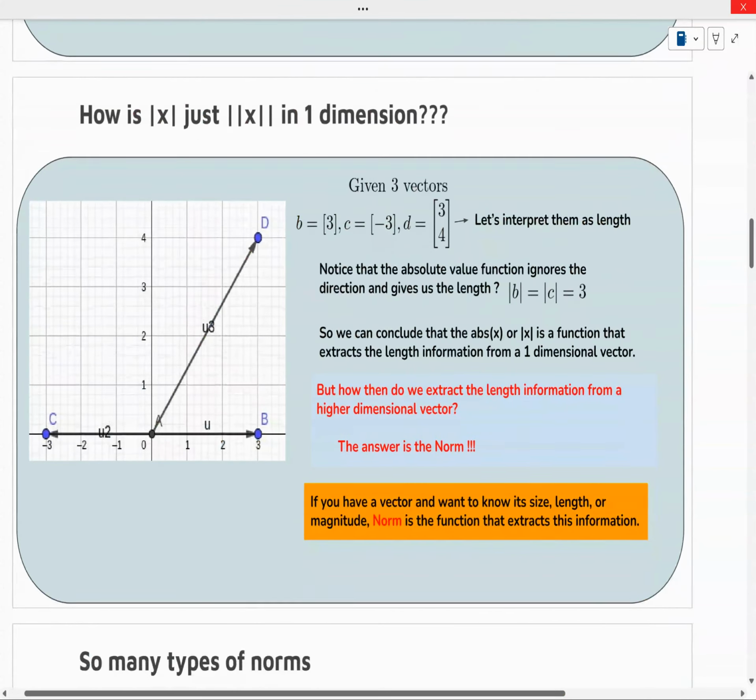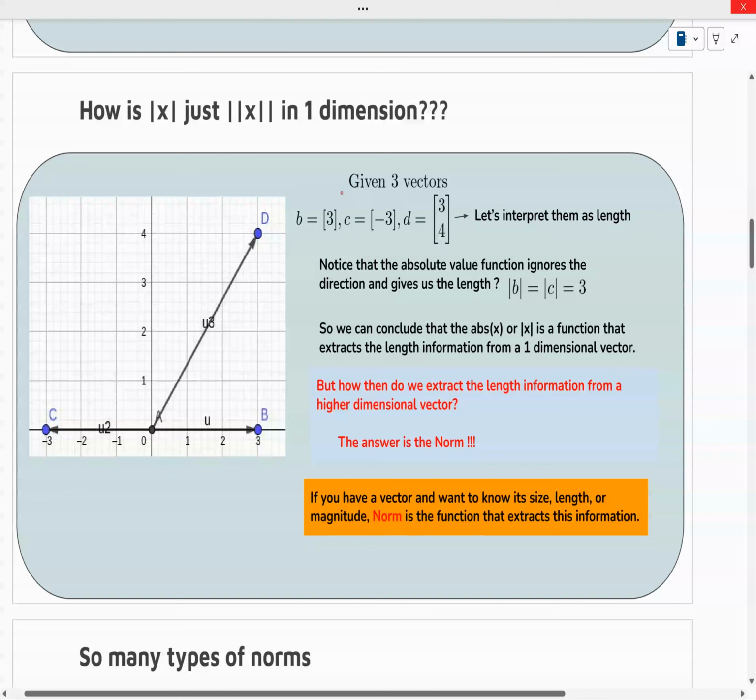Let's take a quick look. Over here, if we picture the vector 3, the vector 3 is just going this direction, and the vector minus 3 is going this direction. Because they're one dimensional, when we take the absolute value of either one, it is equal to 3.